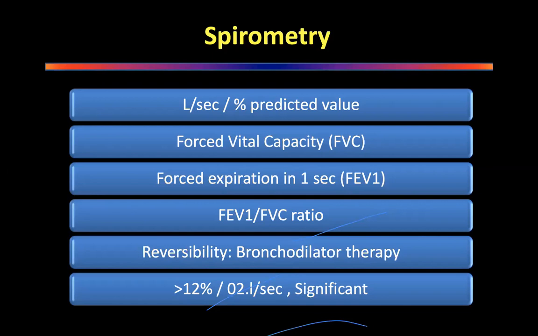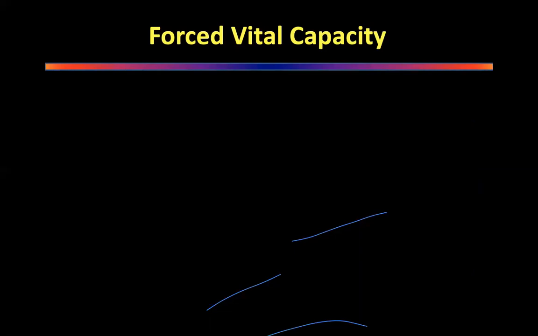Reversibility is a good sign because you do want to know whether the patient is responding to bronchodilator therapy or not. That is why we always do a spirometry with normal and with reversibility, and the report will mention the response of the patient to reversibility.